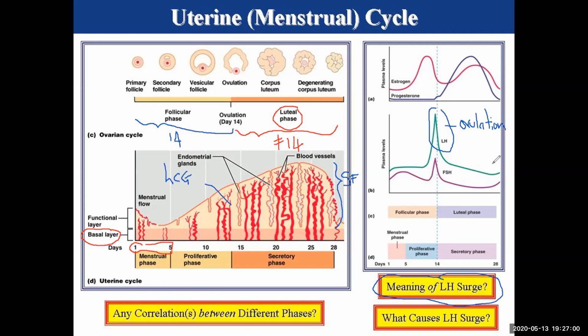And what causes the LH surge? You can go in your book and look it up. And if you don't know, you can always ask me on the discussion board.